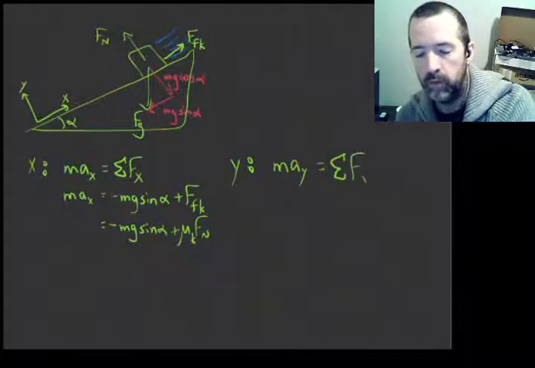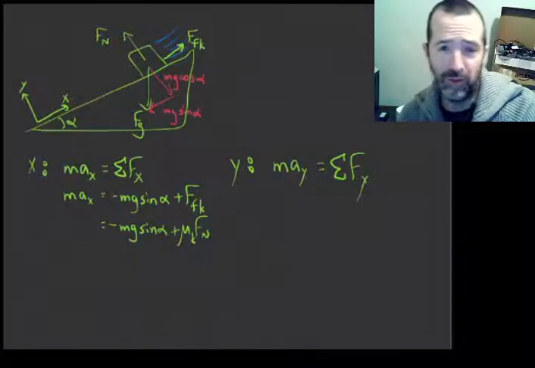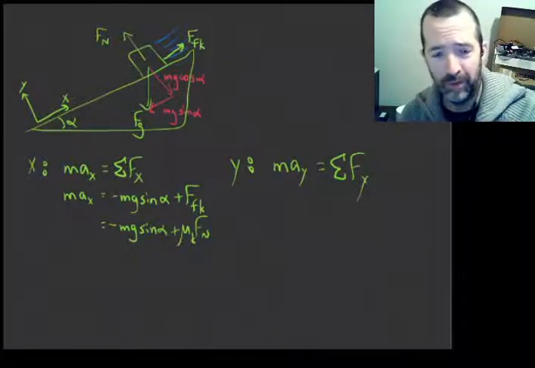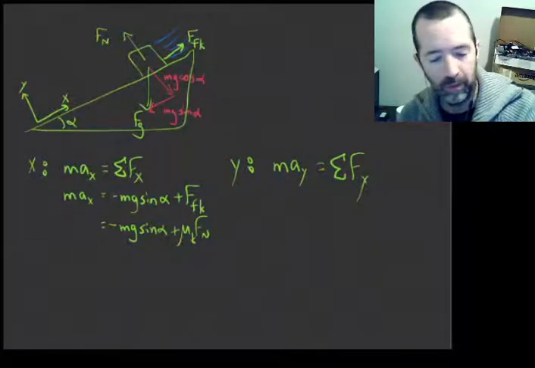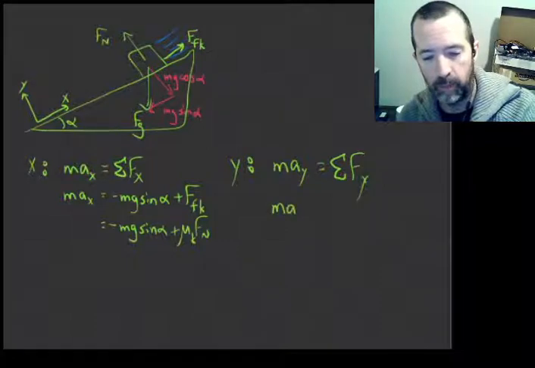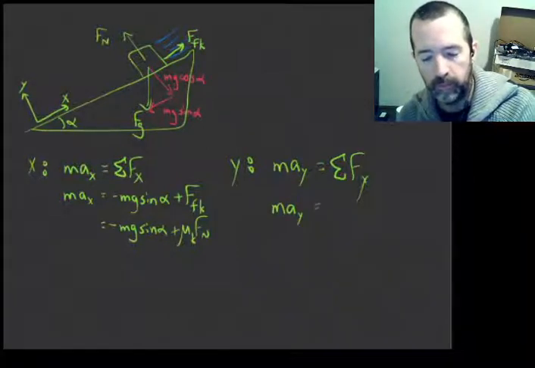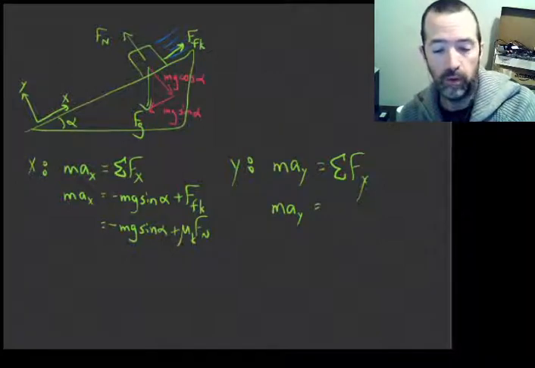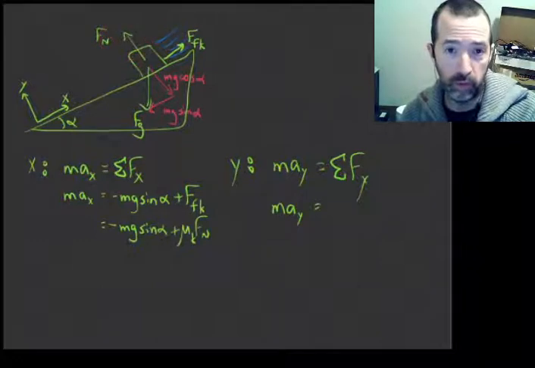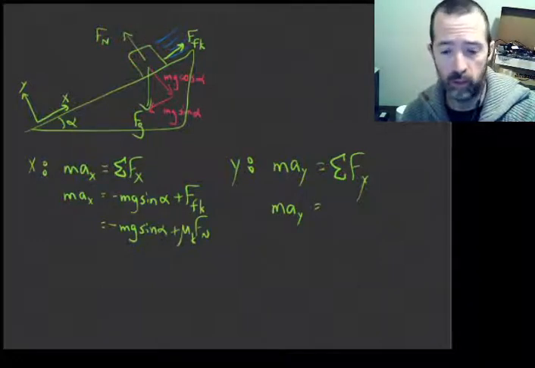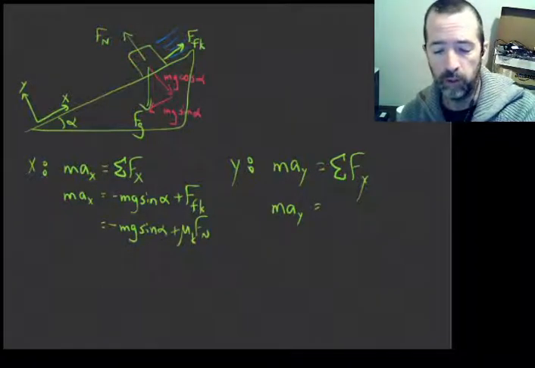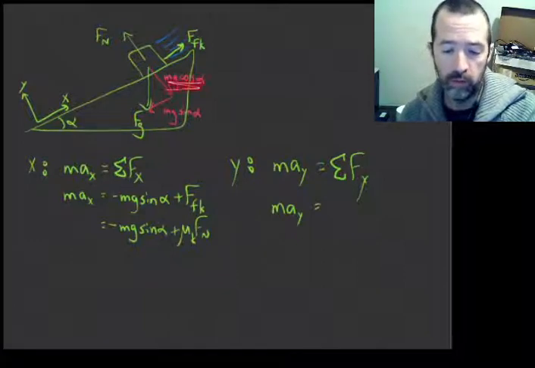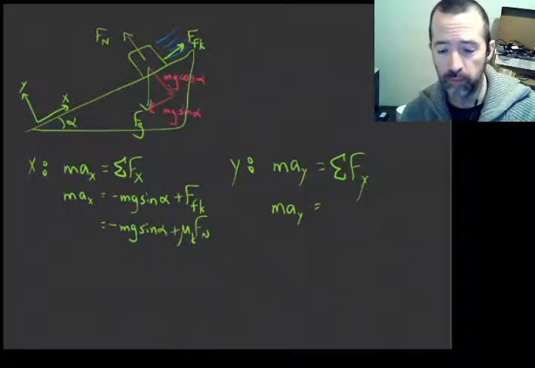It occurs to me that I maybe should have addressed this earlier in the video, but whatever. All in one take. So if you look in the y direction, there are two forces present. There's the normal force, which points directly in the positive y direction, and then there's the y component of the weight, which is mg cosine alpha.